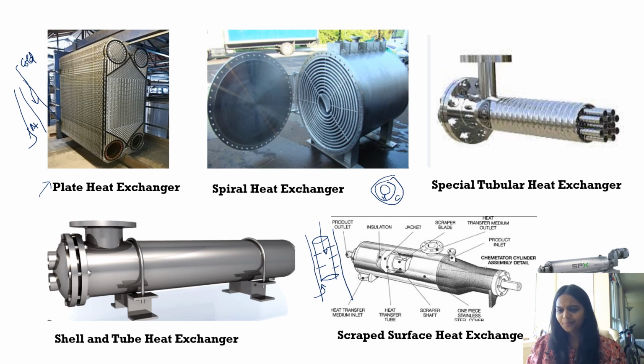This type of scraped surface heat exchanger is used for special purposes like sterilization, gelatinization, crystallization, and pressurization. Because it's a heat-sensitive material, it has a rotating part. So these are a few types of exchanger based on your construction and how it works.